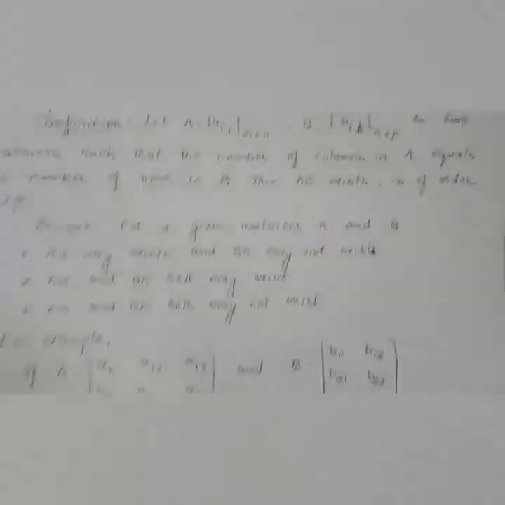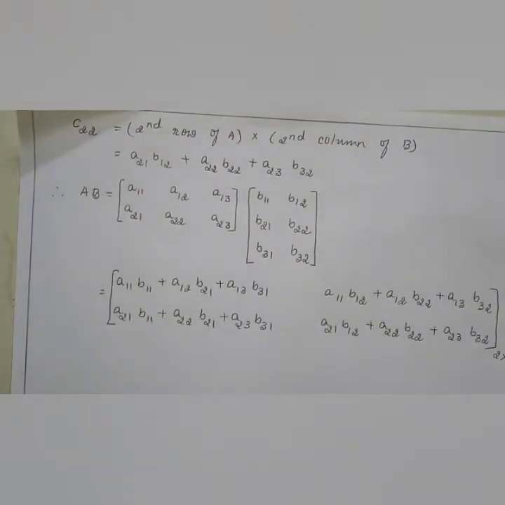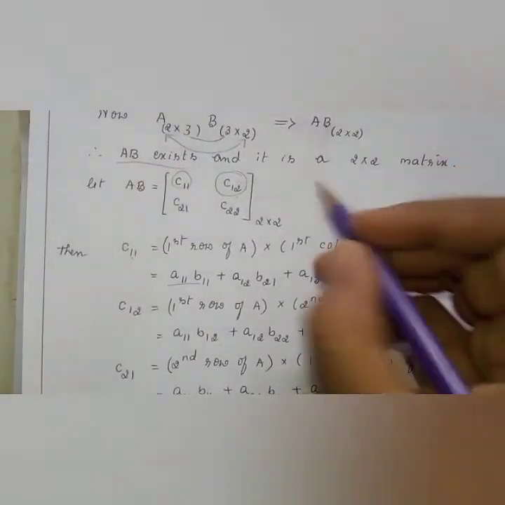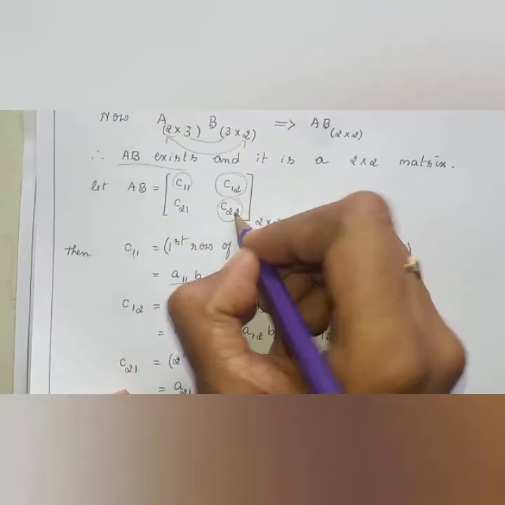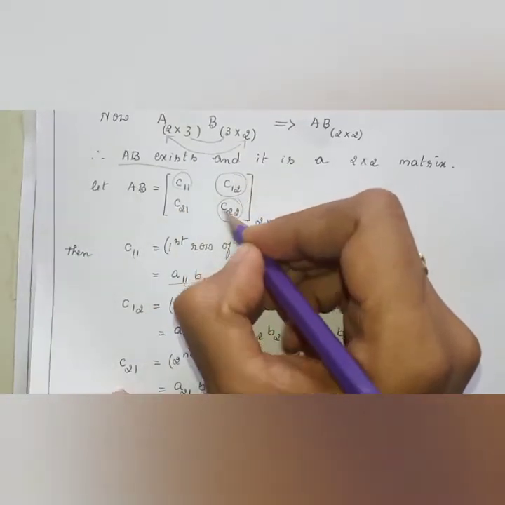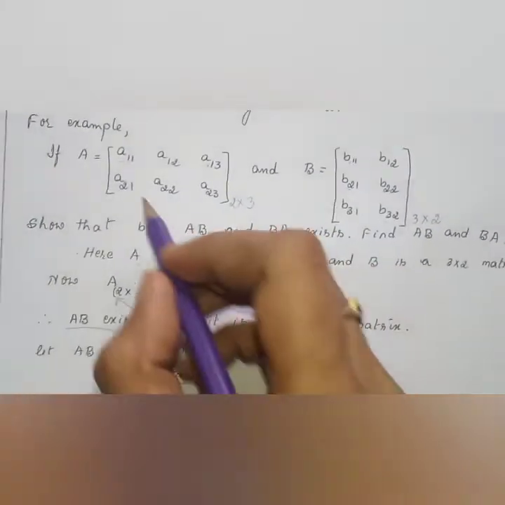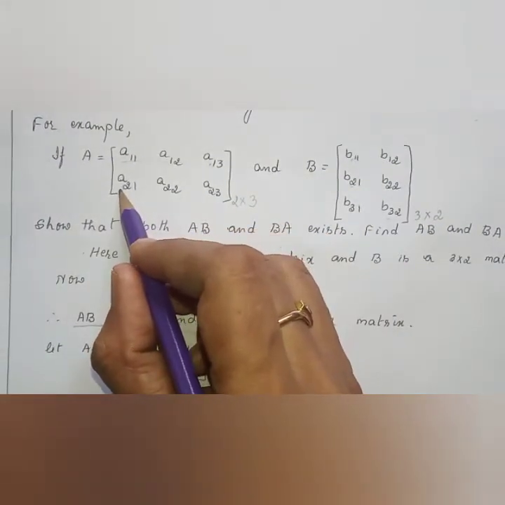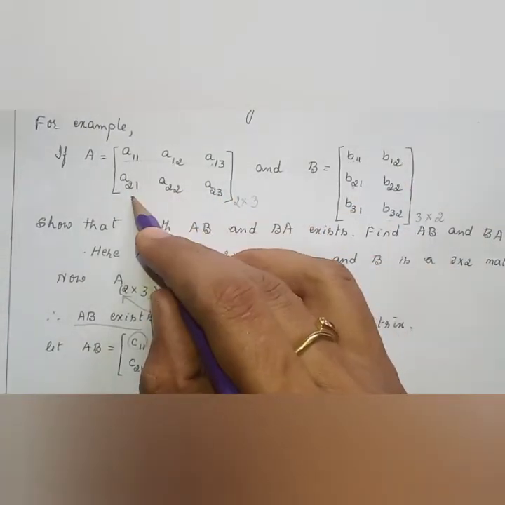Next, the last entry, C22. C22 lies in second row, second column. Therefore, multiply the entries in the second row with the second column.